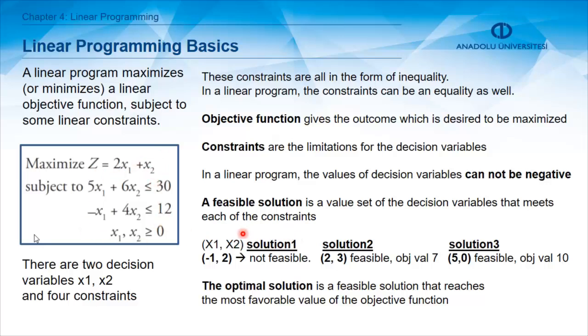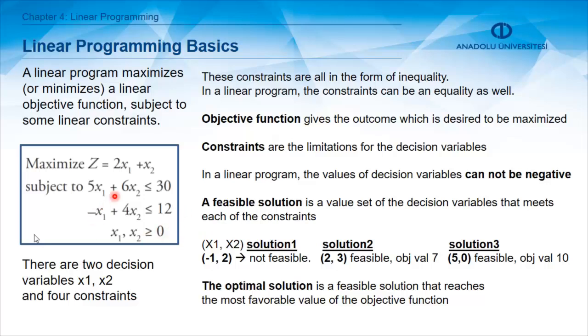Here we have a solution 1, and it is -1 for x1 and 2 for x2. This solution is clearly not a feasible solution, as this value of x1 violates the constraints of non-negativity.